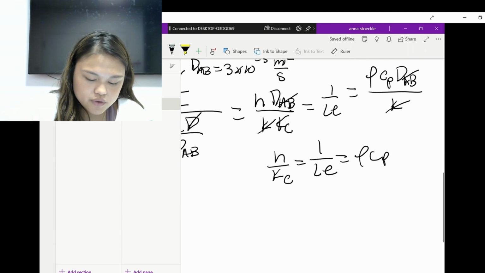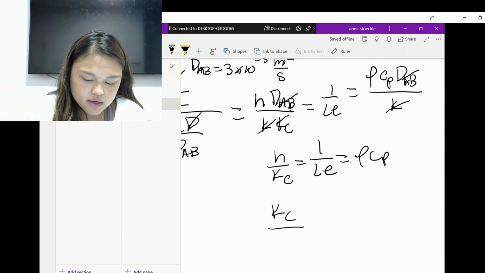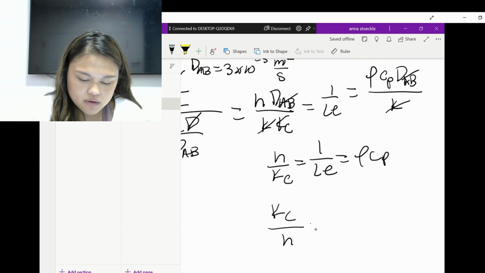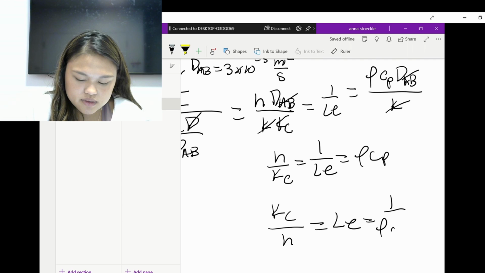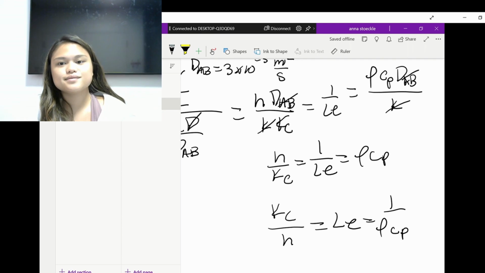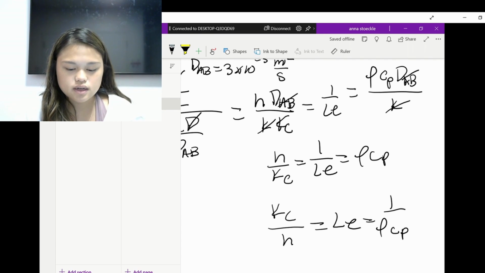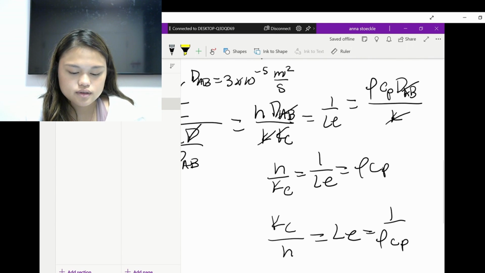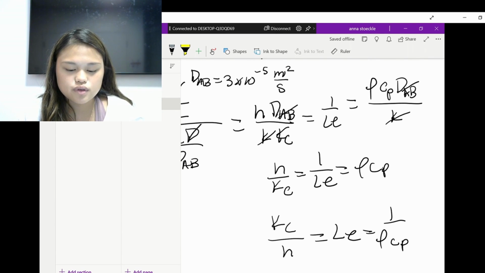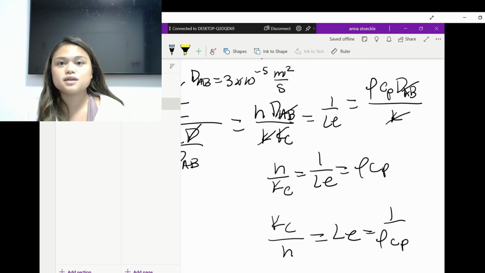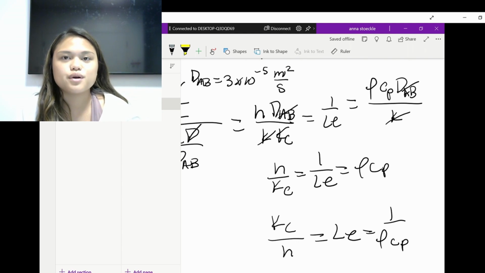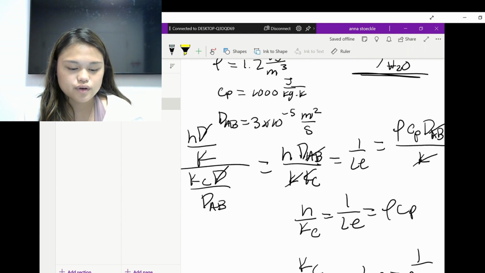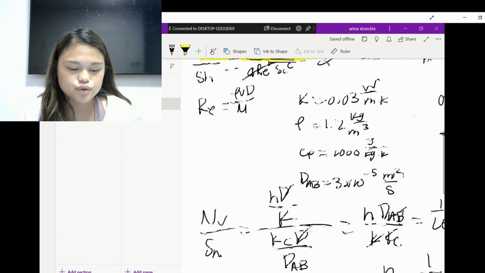So if we do the inverse through Kc, for H to equal the Lewis number equal 1 over rho Cp. And so that's just that 1 over the Lewis number is equal to that volumetric heat capacity. And we just draw that parallel from all the other variables we've worked through so far.